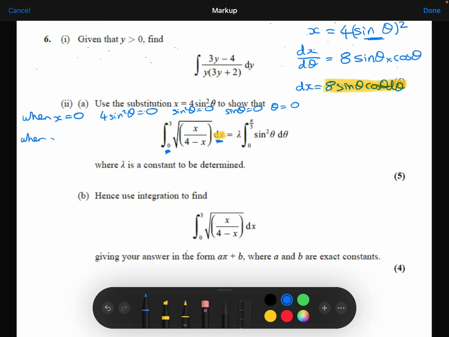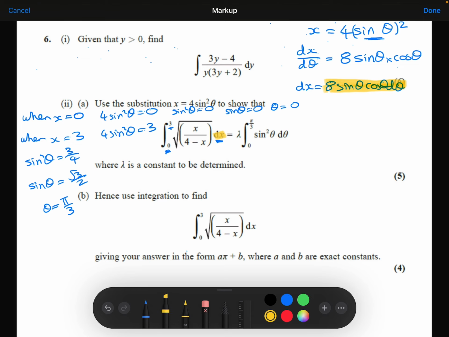When x is 3 for the upper limit, 4 sine squared theta equals 3. So sine squared theta is equal to 3 over 4. So sine theta, square rooting both sides, is equal to root 3 over 2. So sine inverse of root 3 over 2 is pi over 3.